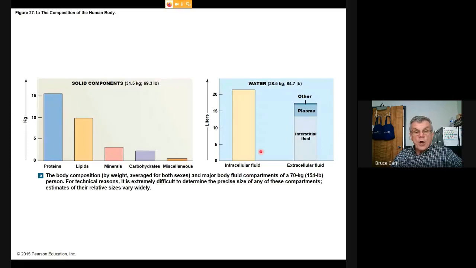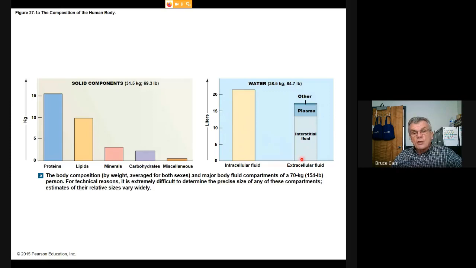Now, with respect to water, most of the water, over 20 liters, is the intracellular fluid. For intracellular fluid, think ICF, think cytosol, and you're done. The water base of that cytosol is well established, even though the cytoplasm itself contains lots of organelles and a gel-like consistency.